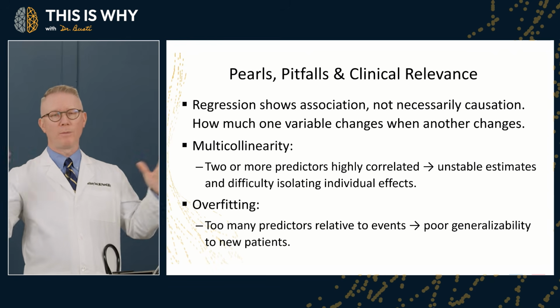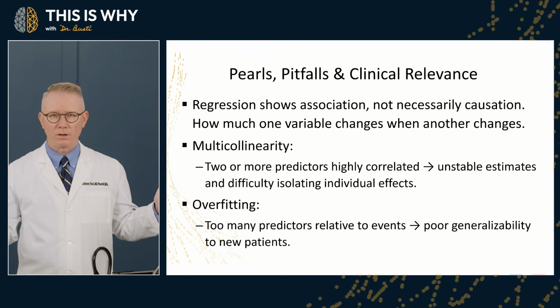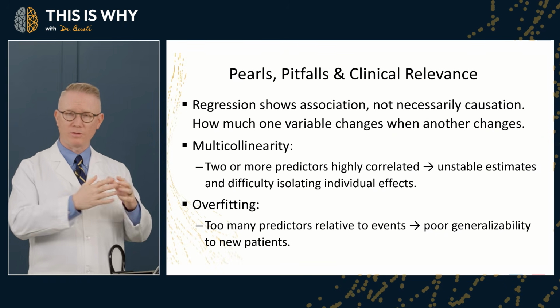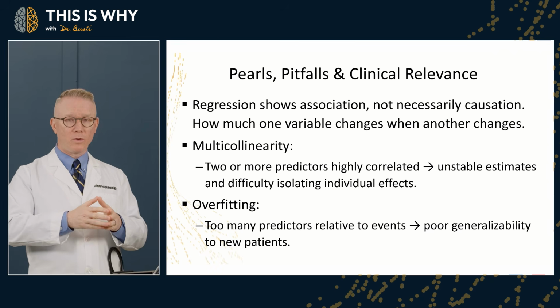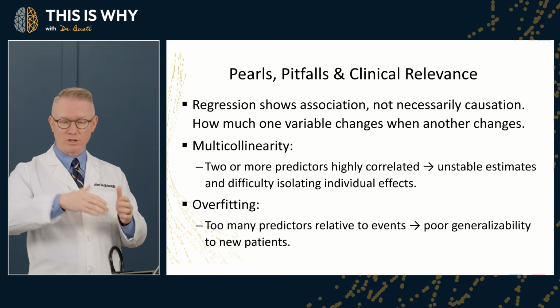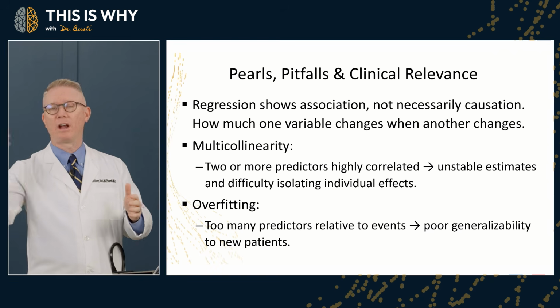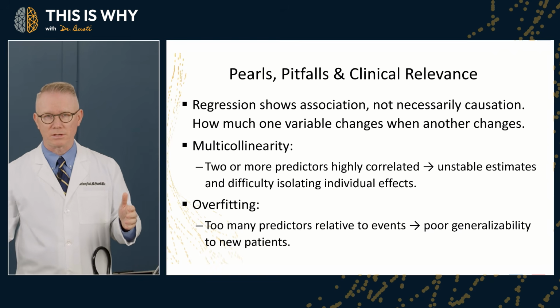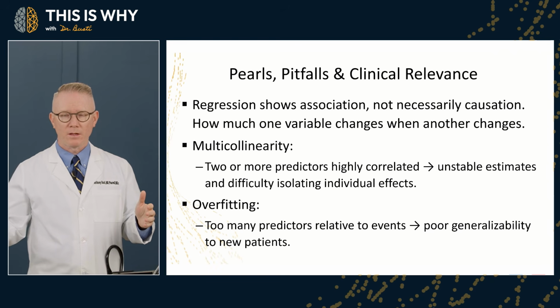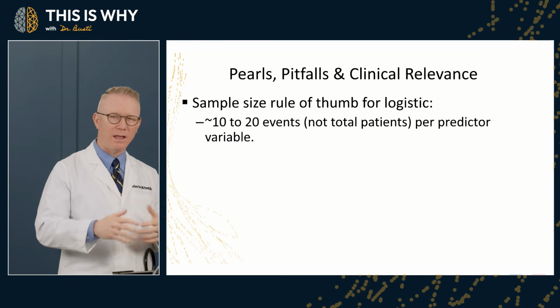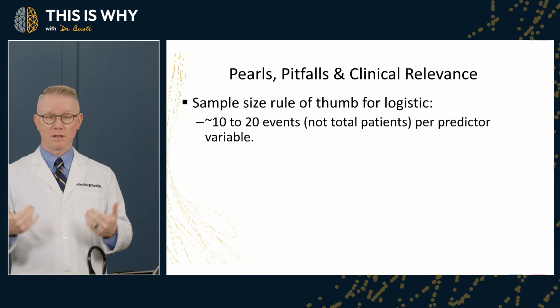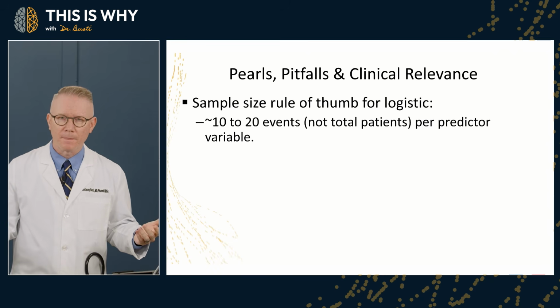Overfitting. You have too many predictors relative to events. And so the researcher creates a poor ability to generalize to new patients. Okay? So there's a balance because we need to apply data in the context of the patients that we all see every day.